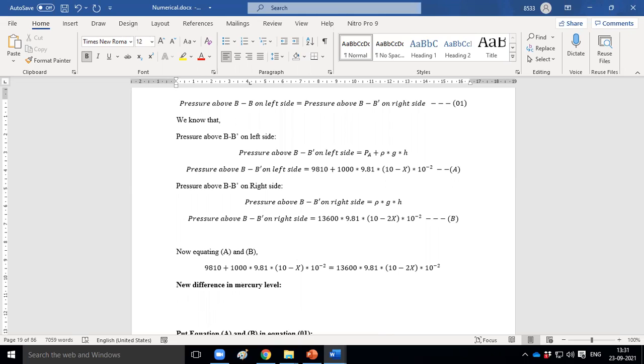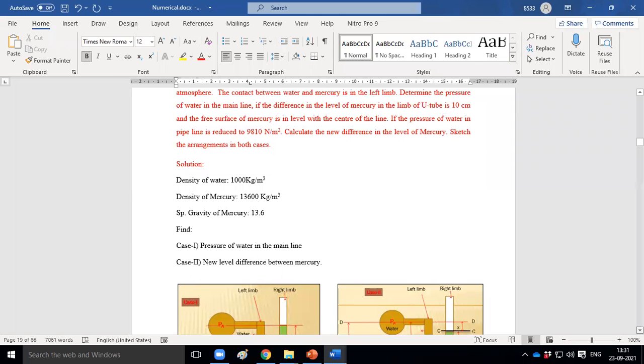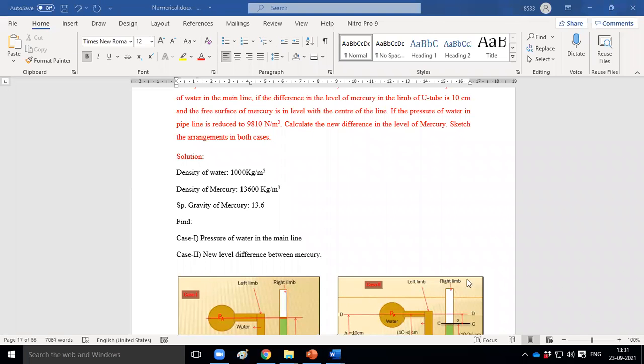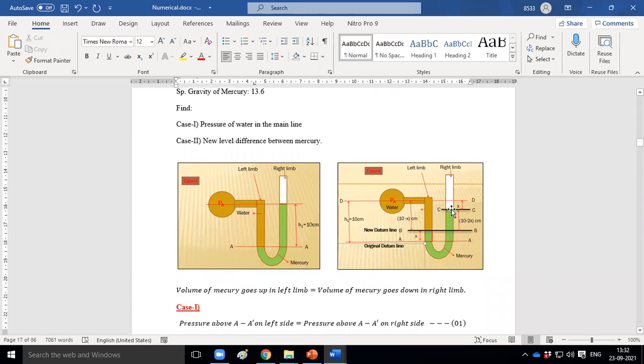Is it 10 minus 2x or 10 minus x? You can observe this figure and tell me. Which one? 10 minus 2x. 10 minus 2x. Okay.